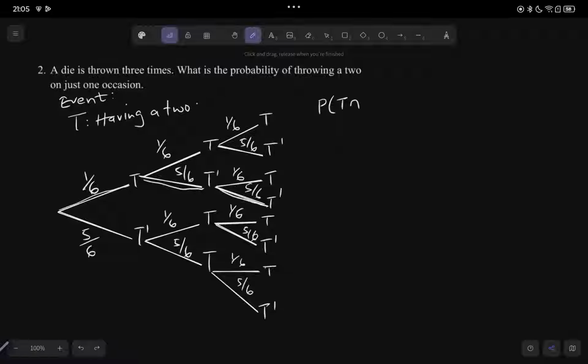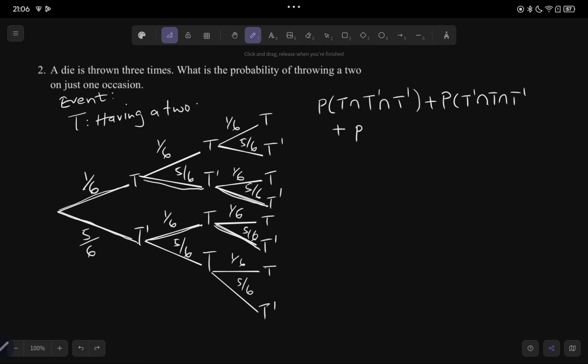2 first, then no 2, and then no 2. Or you may have no 2, you get a 2 and then no 2. That's also one 2. If you began with not having a 2, you got a 2, then on the third throw you didn't get a 2.